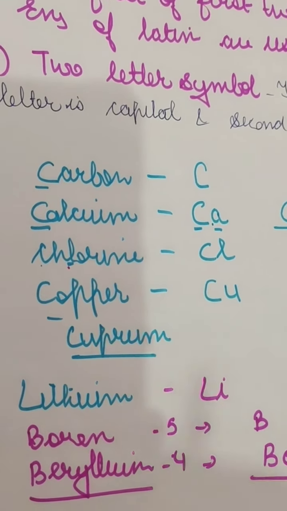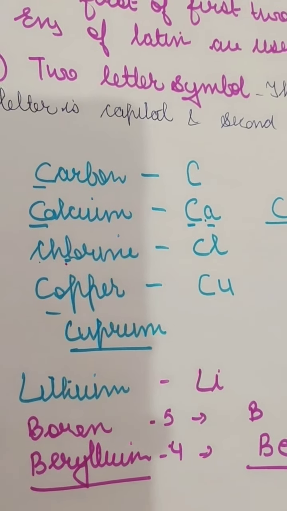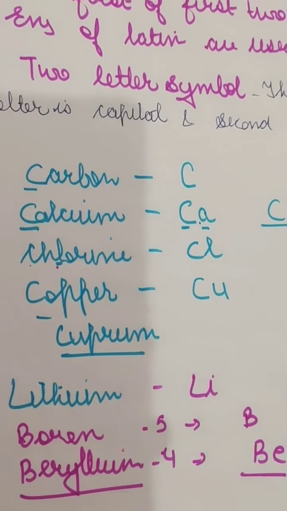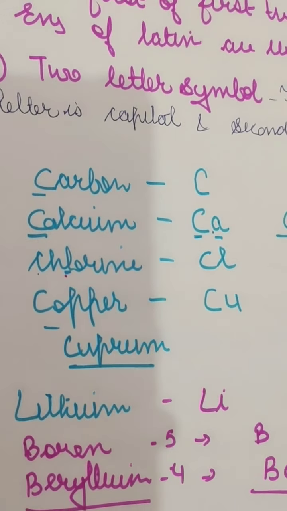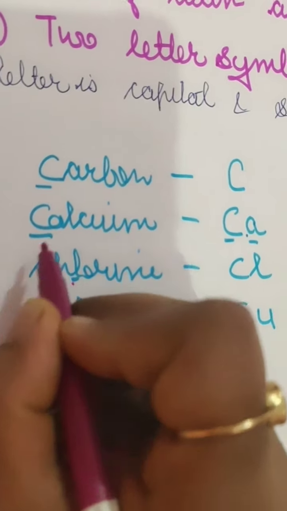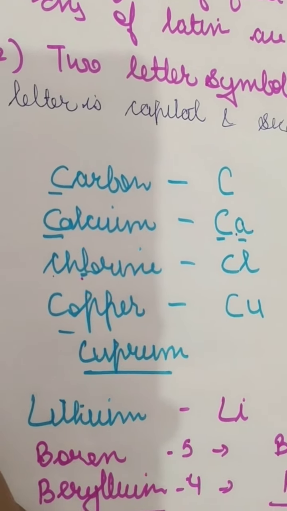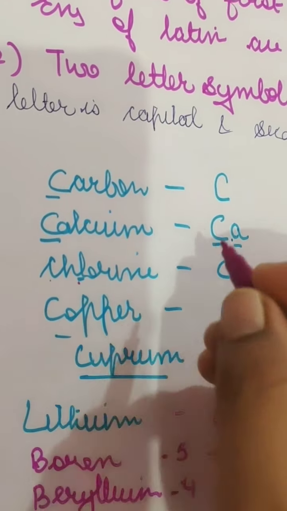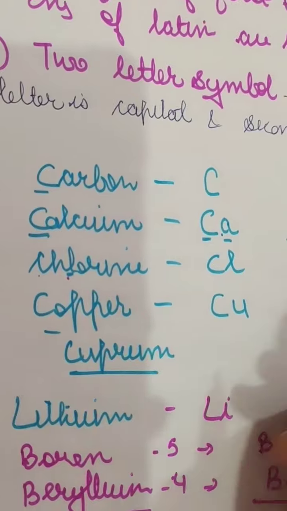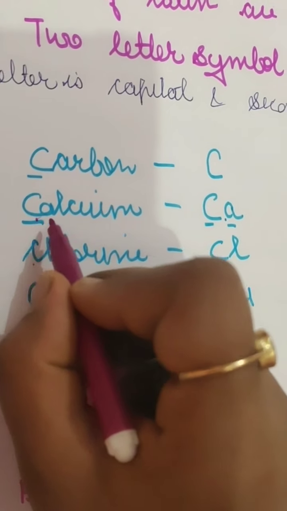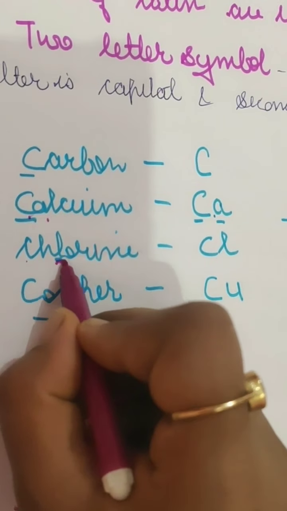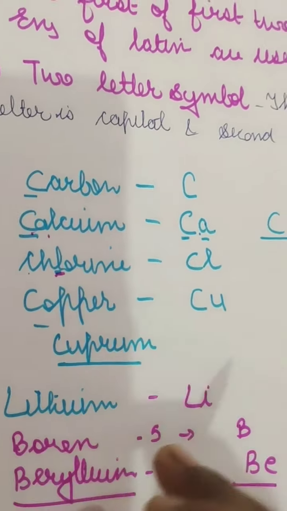Since carbon was discovered first and named first, the first letter C was used for carbon. After that calcium was discovered, so they used the second letter of its name, so Ca. Then chlorine was discovered later, after calcium. So since the first and second were taken, the third was taken. So this is how it happened.